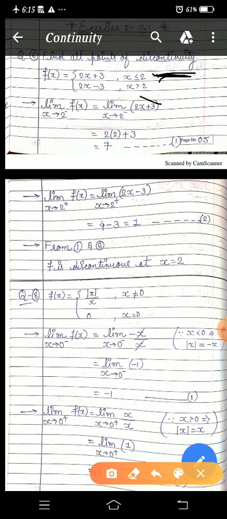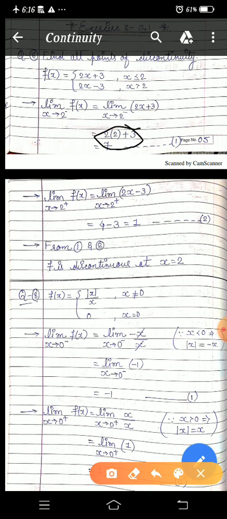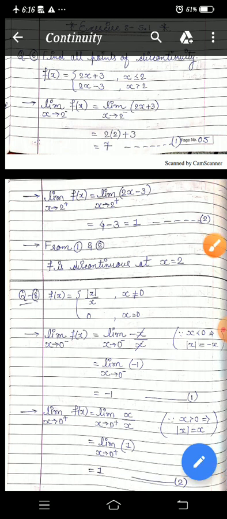So limit x tends to 2 minus of 2x plus 3. Now x tends to 2, so instead of x we put 2, giving 2 into 2 plus 3, so our answer will be 7. Call that equation number 1.